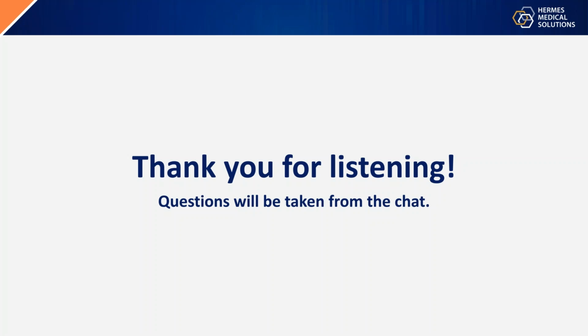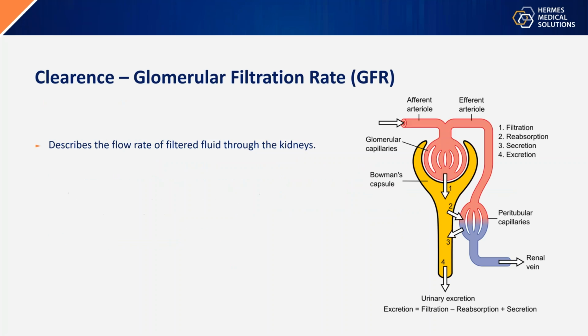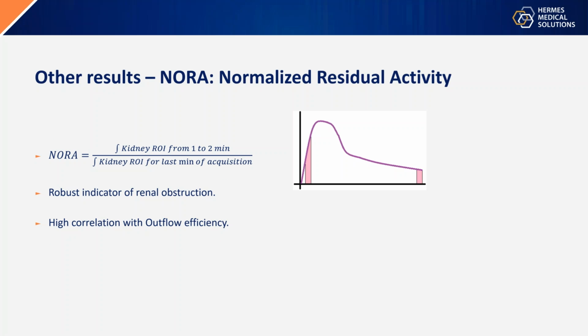Good stuff. Okay, we have a question. What about Nora in a very dilated pelvis? The problem with that is that if it's very, very dilated, you would have a very late, let's see if I can go back to the Nora just so we can see what we're talking about. There we go.